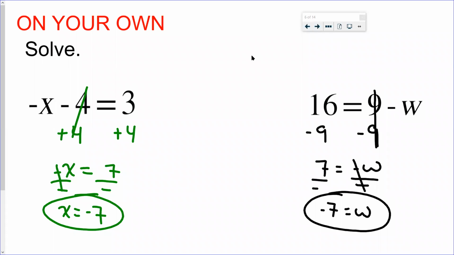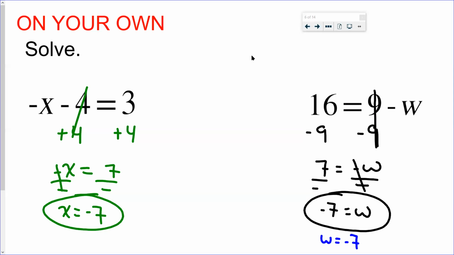All right, so the one on the left, you should have gotten x equals -7. And the one on the right, you should have gotten -7 equals w. So hey, pretty cool. We ended up with the same answer for different problems. But again, the one on the right, if you would have had w equals -7, that would have worked as well.